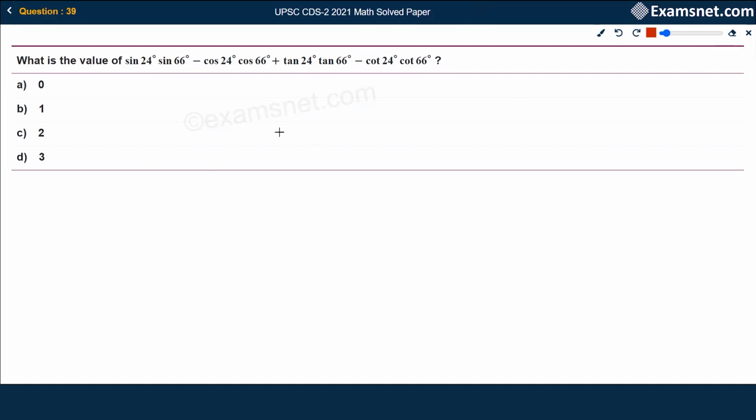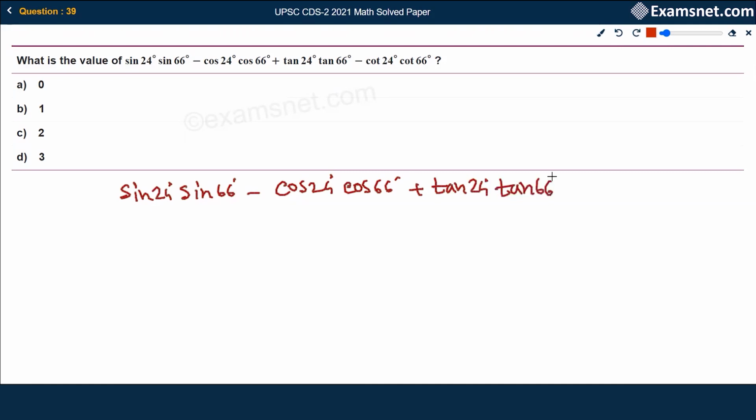Let me first write the expression: sin 24 degree sin 66 degree minus cos 24 degree cos 66 degree plus tan 24 degree tan 66 degree minus cot 24 degree cot 66 degree.